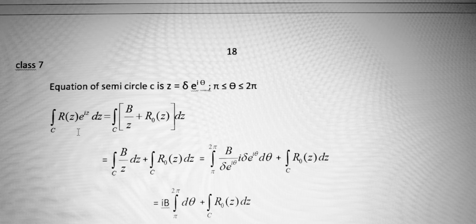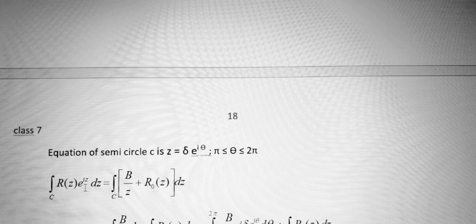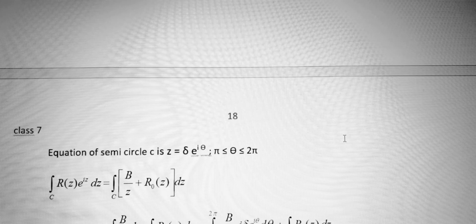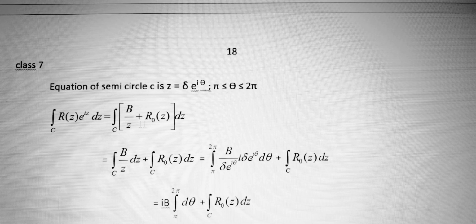Then integral over C r of z into e raised to I z dz equal to integral over C b by z plus r naught of z dz, which is equal to integral over C b by z dz plus integral over C r naught of z dz, which is equal to integral from pi to 2 pi. b by z is b by delta e raised to I theta and dz is delta e raised to I theta into I d theta.